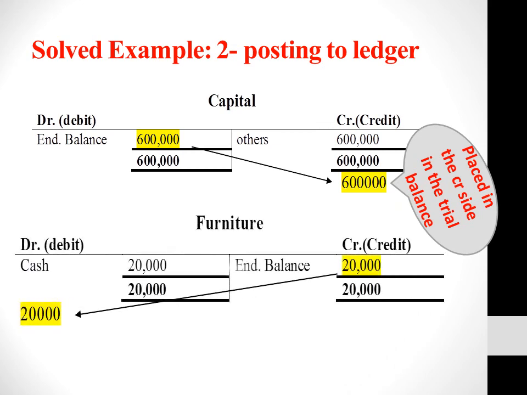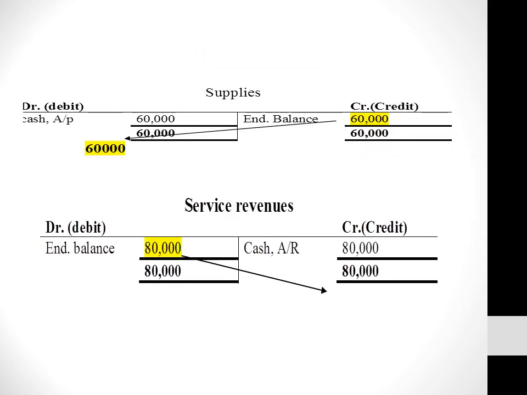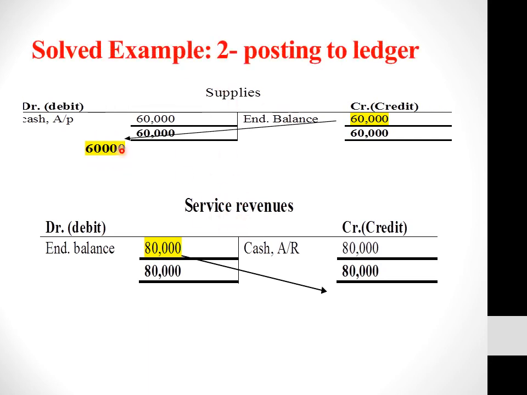The same goes for furniture, but its balance will be debit. We'll keep doing this for each account like supplies and service revenue. Supplies will have a debit balance for 60, service revenue will have a credit balance for 80,000.